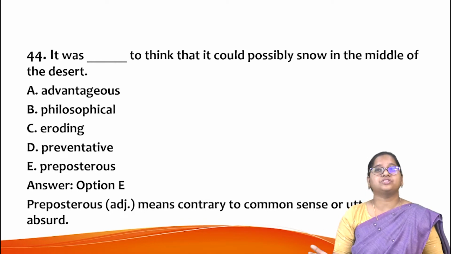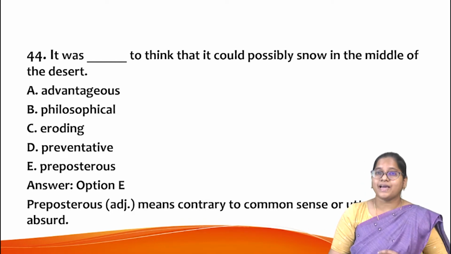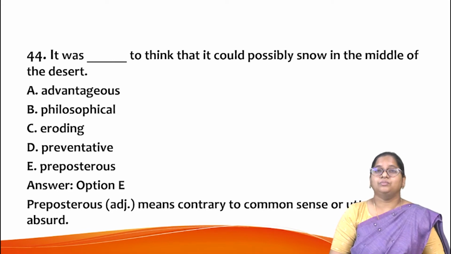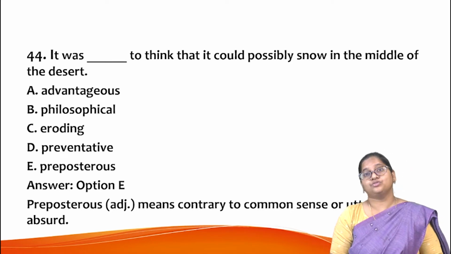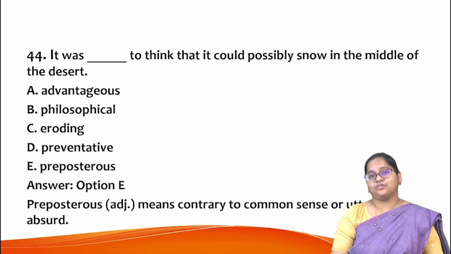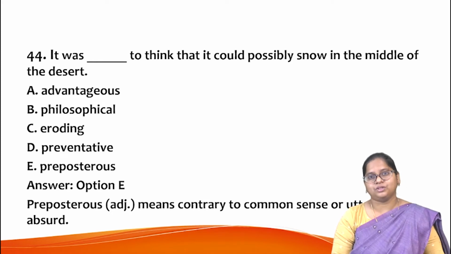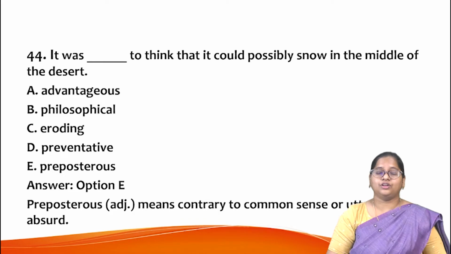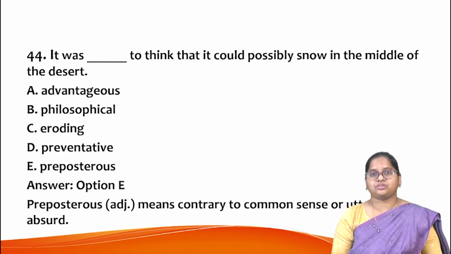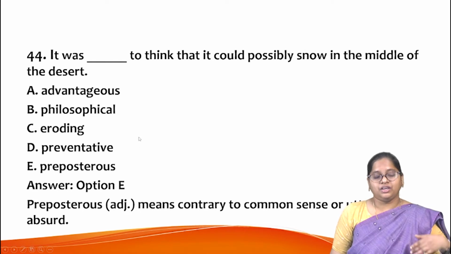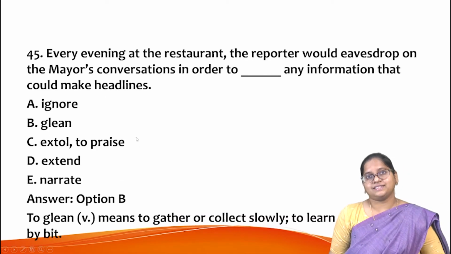It is completely absurd to think that it would rain or snow in a desert where there is no drop of water available. That is completely unusual, so obviously it is absurd. You can go with preposterous as the right answer.